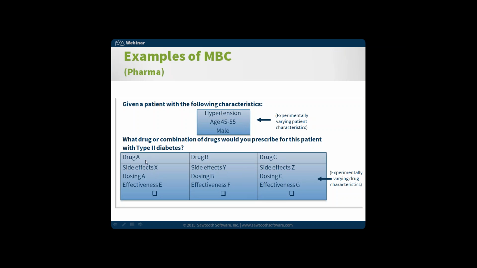Essentially we get not only that the probability of picking the drugs is a function of the characteristics of the drugs, but also we get some betas, or some utilities, estimated for how the characteristics of the patient are beta weights to drive the probabilities of particular drugs being prescribed.